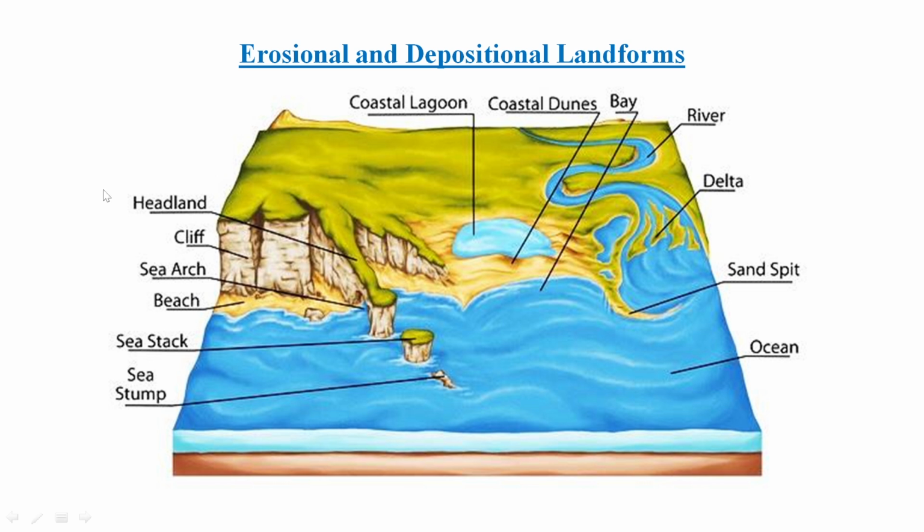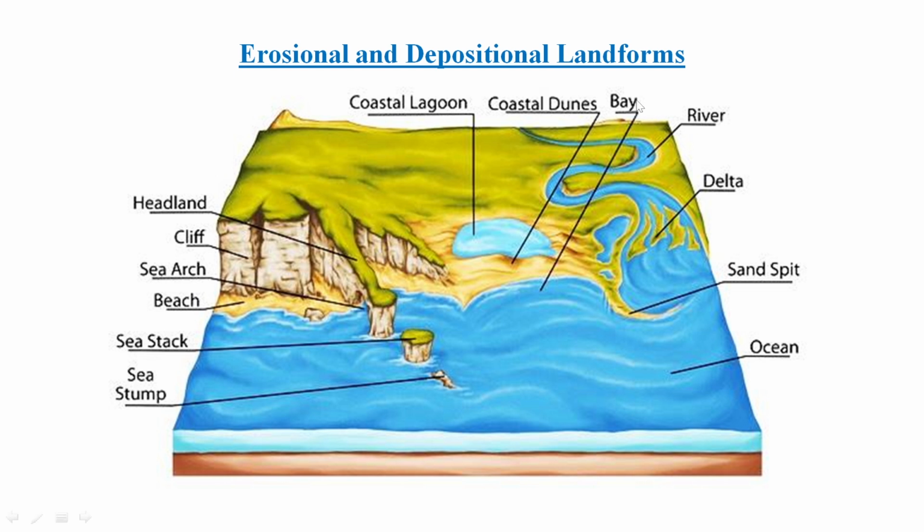You can again see parallelly both erosional and depositional landforms here. You can look at the headland and cliff that are undergoing erosion, then the presence of a sea arch, obviously a beach, sea stack and stump. Similarly, you can look at the depositional features like sand spit and delta, a very distinct geomorphic feature formed as a result of the pouring of river water at the coastal region of a sea.